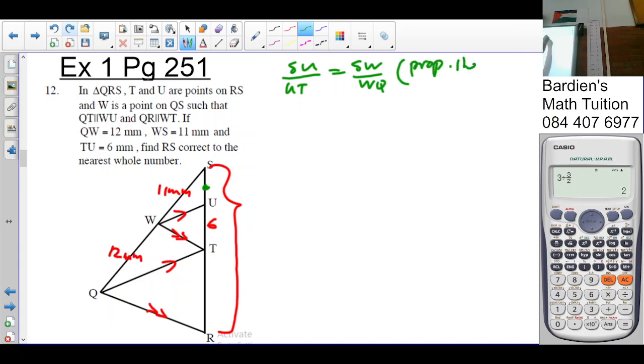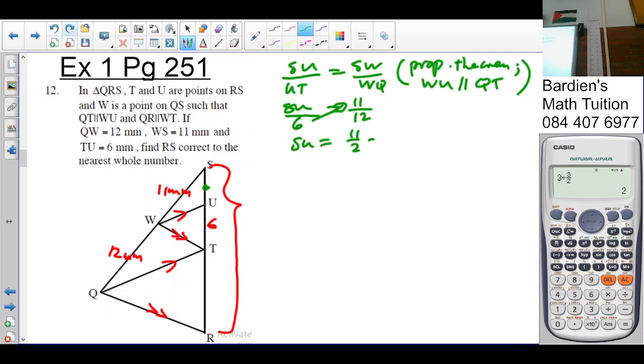The reason? The proportionality theorem with WU being parallel to QT. So SU is what I'm calculating, over UT is 6, SW is 11 over 12. You cross multiply, so SU is equal to 11 over 2 or 5.5.